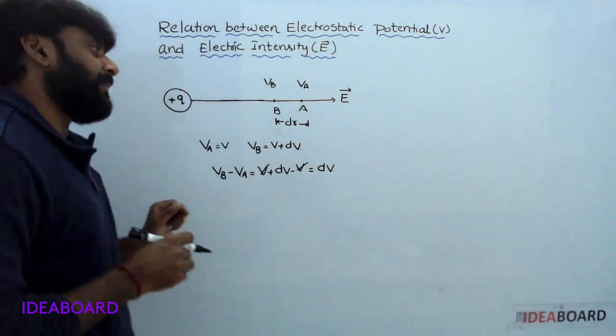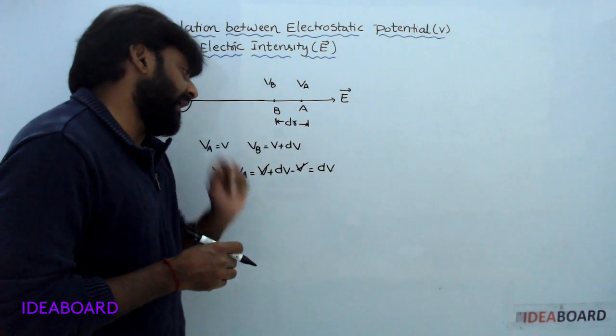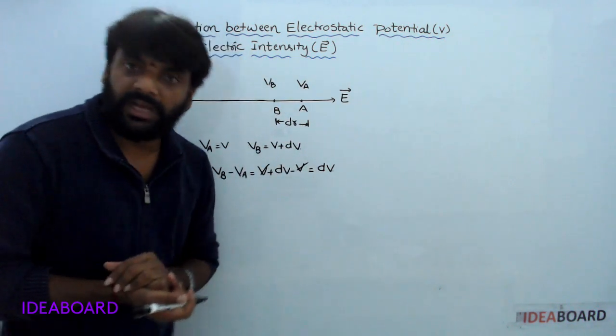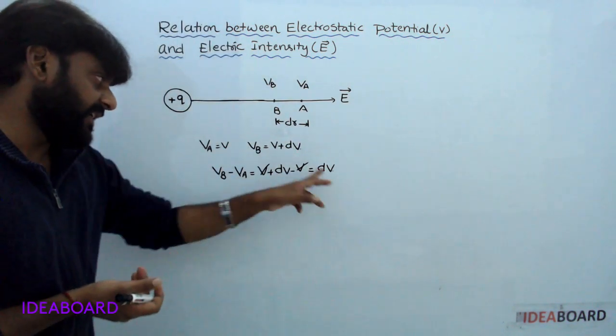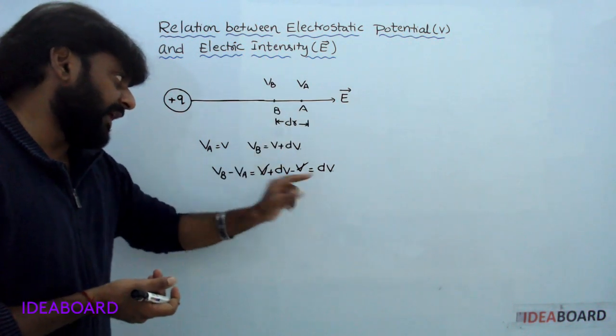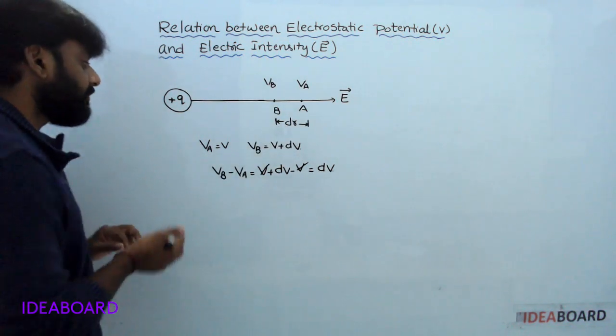Potential difference between A and B is dV.